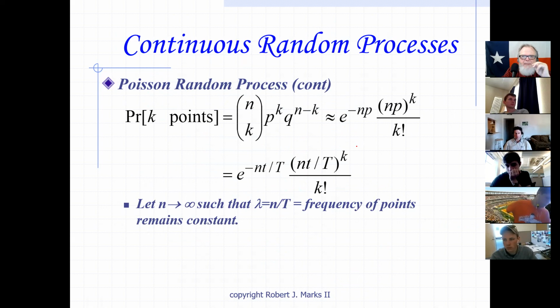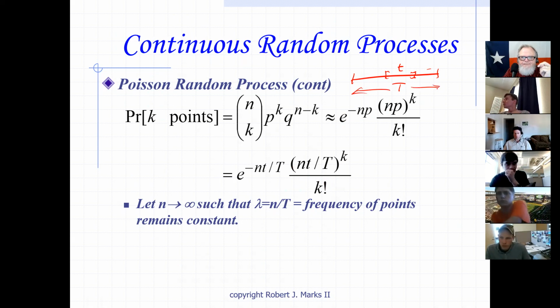So let's take a look back now that we've given a thumbnail sketch of the proof of the Poisson approximation, and look at the probability of k points on this interval. Don't forget, we have a value of T here, and we have a subinterval of small t. And p is equal to the ratio of little t to big T. Now we're going to let n go to infinity.